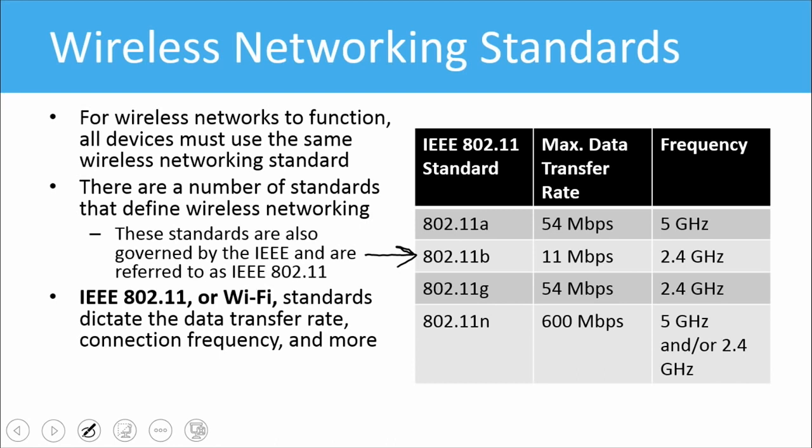It was the first to market, rather. Shortly after followed A. And what I want you to notice is that these two are the key to really understanding this whole table. B came first, so its data rate was, what I say, slow, and its frequency was low. A came along, and it was fast, and its frequency was high.